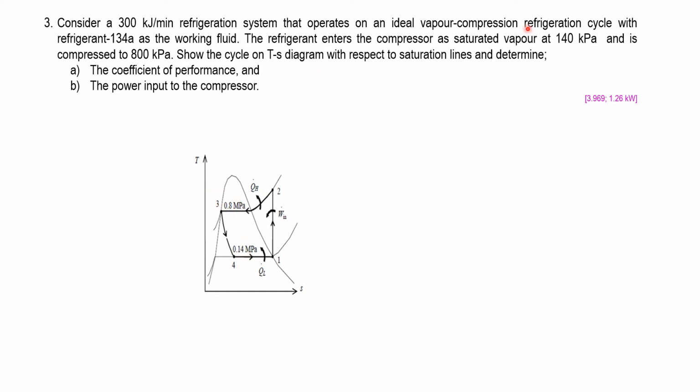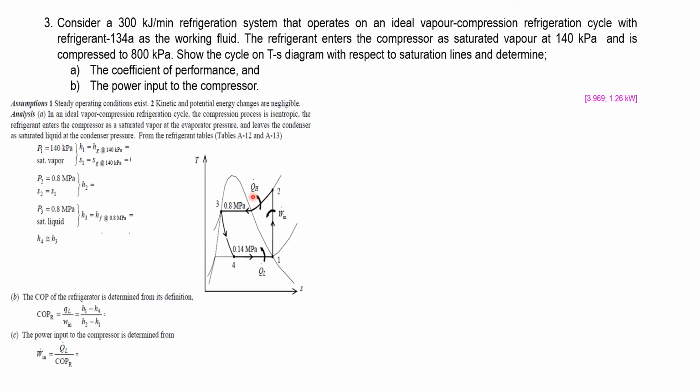So here we have 140 kilopascal. It enters the compressor as saturated vapor at 140 kilopascal. So this is your 0.14 megapascal here, and it is compressed to 800 kilopascal. So you compress it in the compressor until it reaches 800 kilopascal or 0.8 megapascal, right? So this is where the compressor work comes in. This is how much heat you absorb from the evaporator. This is how much heat you reject from the condenser, right?